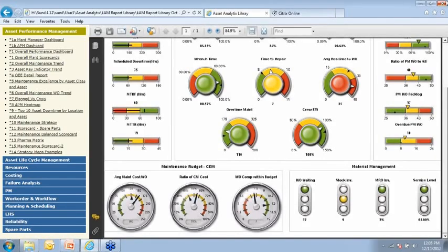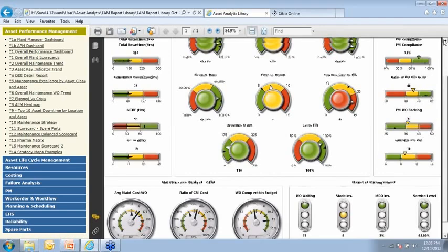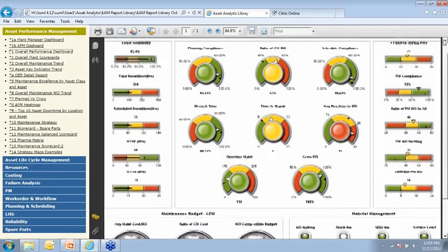There are many. Basic indicators like availability, downtime, scheduled downtime, total downtime, and MTBF. In most cases, those are lagging indicators.